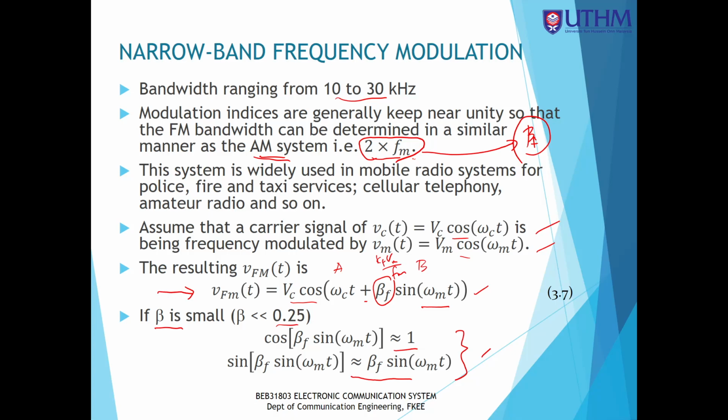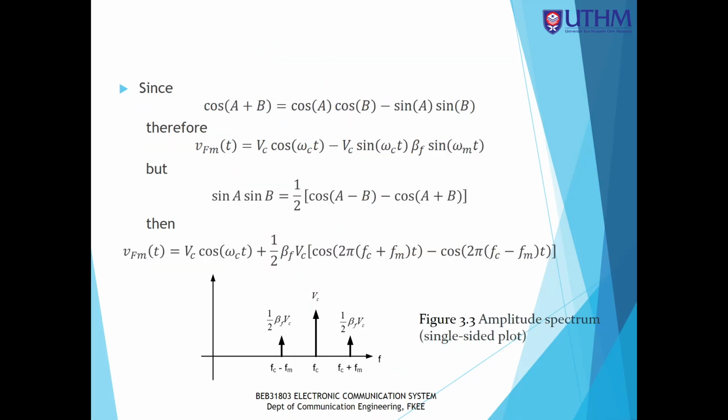Within the cosine function there are two parts, A and B, where A is omega Ct and B is beta F sin omega Mt. According to the trigonometry identity, cos(A plus B) is equal to cos A cos B minus sin A sin B.